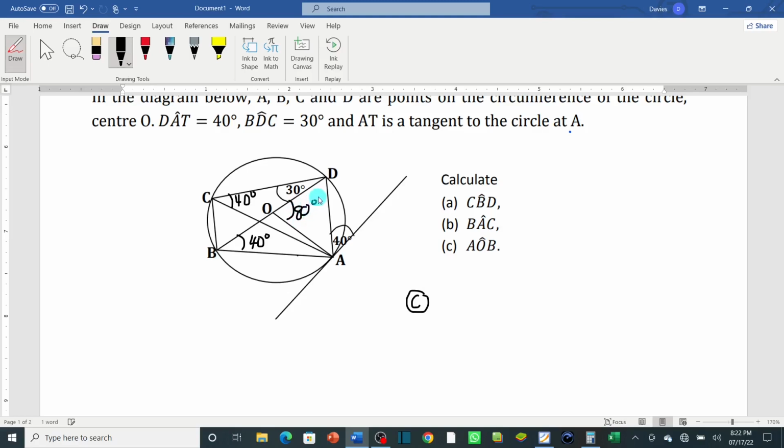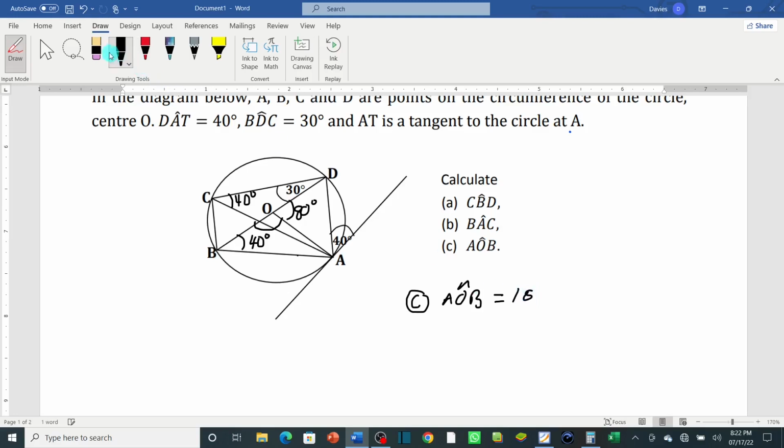Since that angle is 80, then this angle here will be simple, because 80 and this angle lie on the same line. So the straight line here, the angles on a straight line add up to 180. So now here, you are just going to say that angle B is equal to 180.